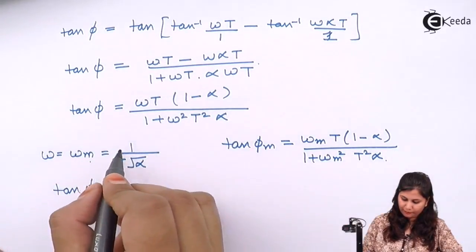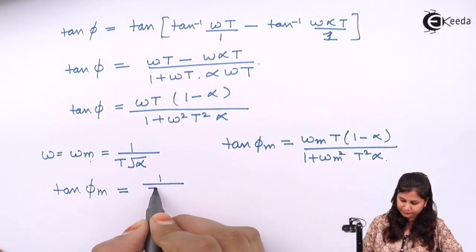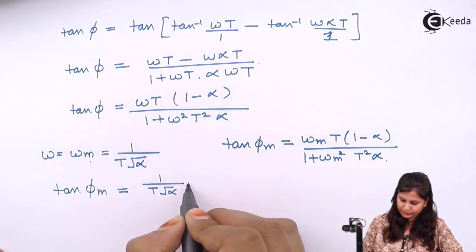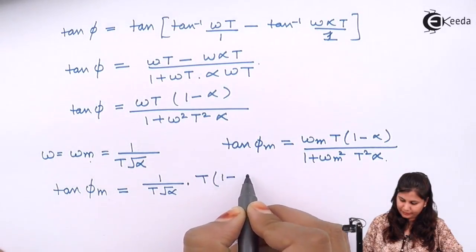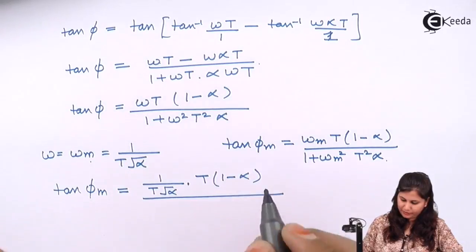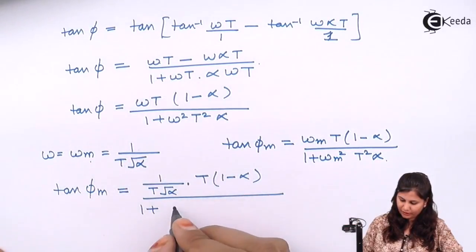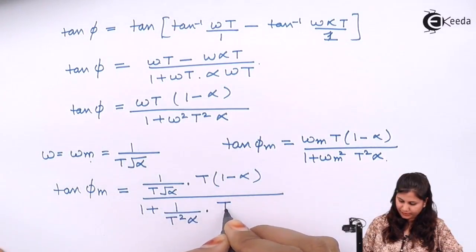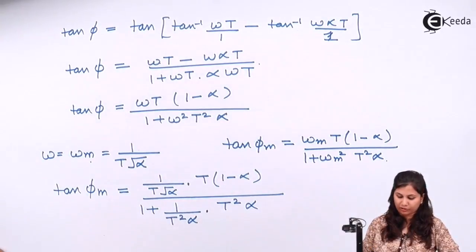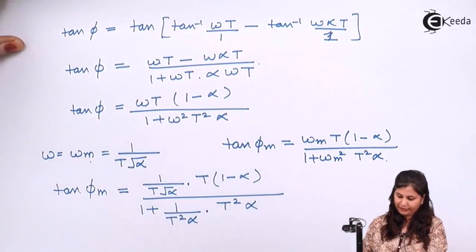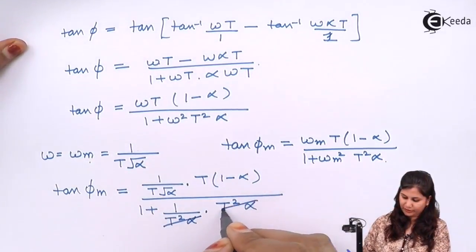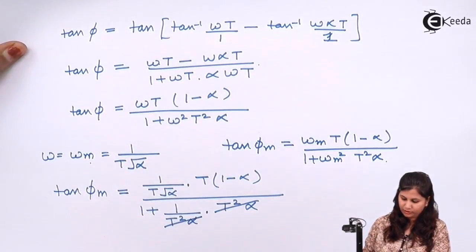this is what, 1 upon t root alpha multiplied with t(1 minus alpha) divided by here 1 plus omega m square. So its square will be 1 upon t square alpha. This is t square alpha. So for the value of tan phi m, this t square alpha, they will be cancelled out.